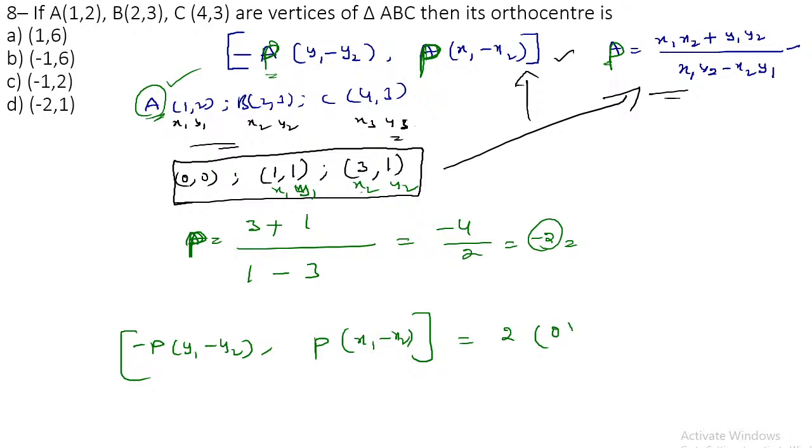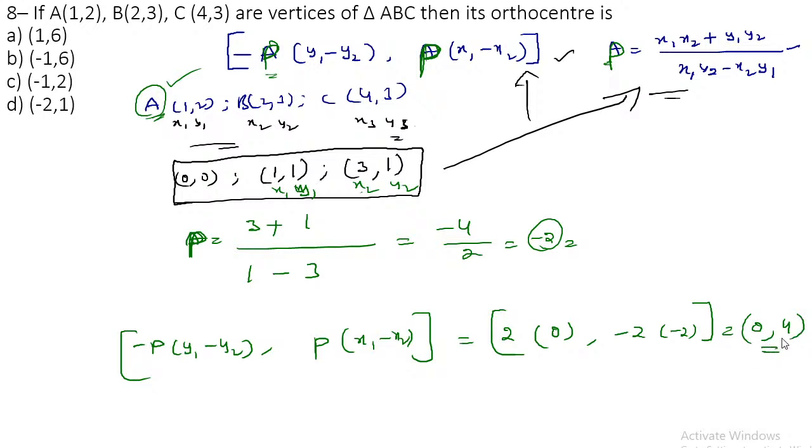So 2 into 0 comma, and P is minus 2, into x1 minus x2. x1 is 1 and x2 is 3, so 1 minus 3 is minus 2. So this is equal to 0 comma 4.